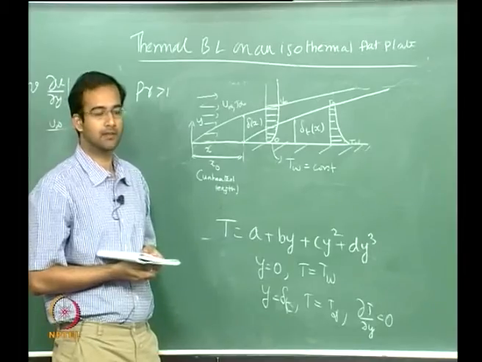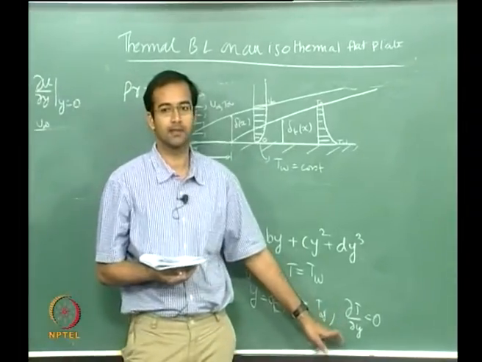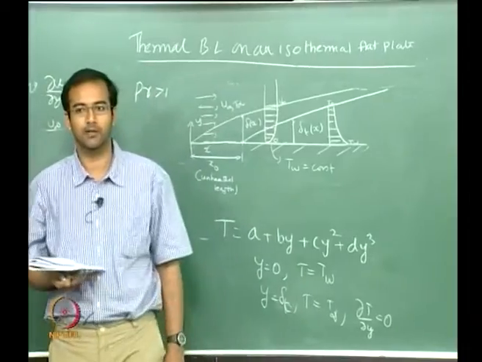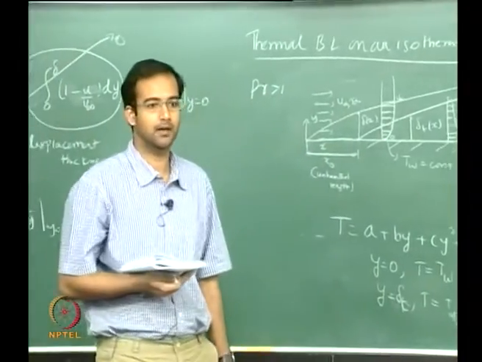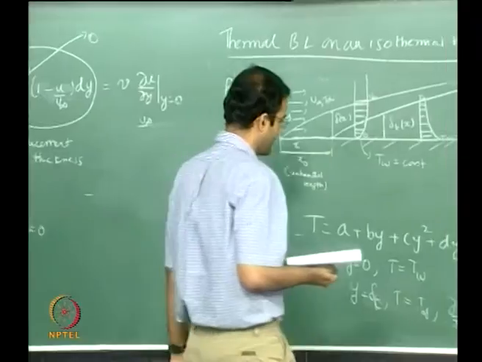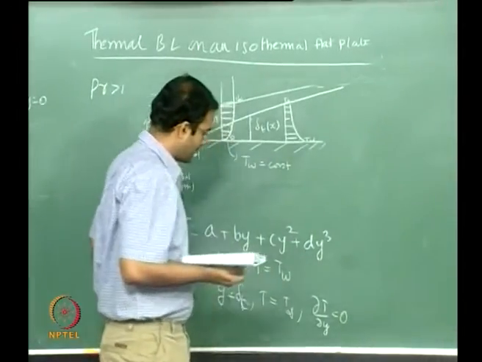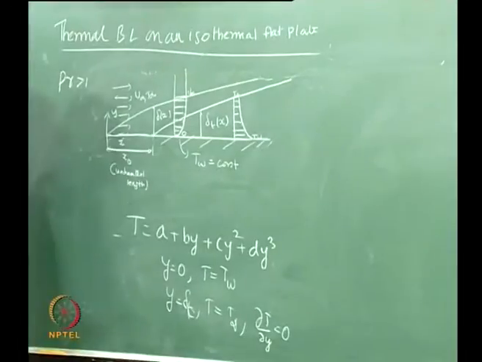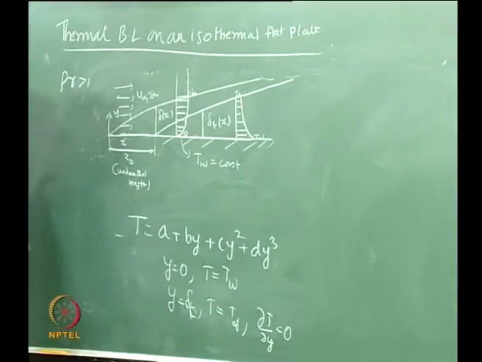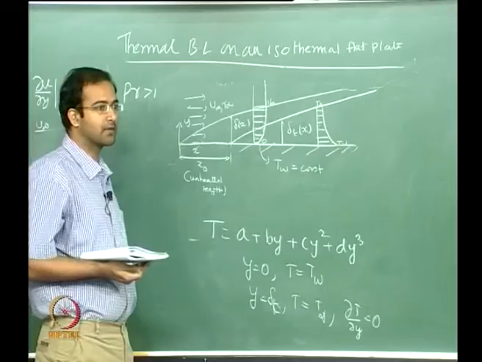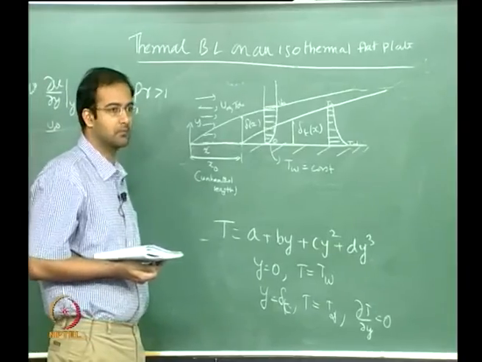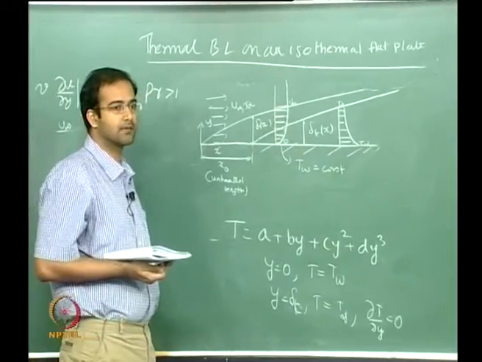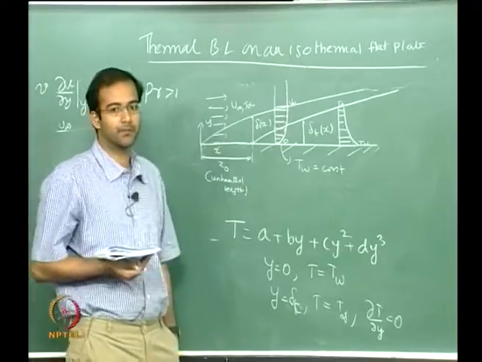So at the interface you have to satisfy the continuity condition: continuity in temperature, and the slope should be continuous. And then we need one more. Heat flux at the wall, but we don't know it. This is a case where we have constant wall temperature.